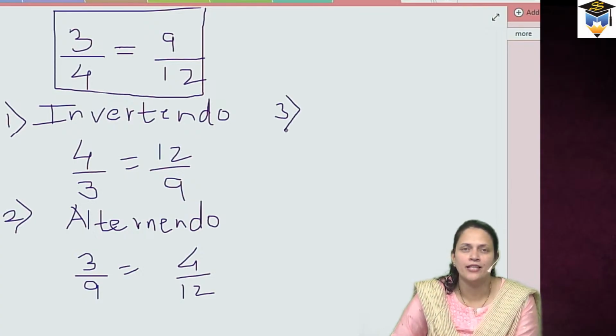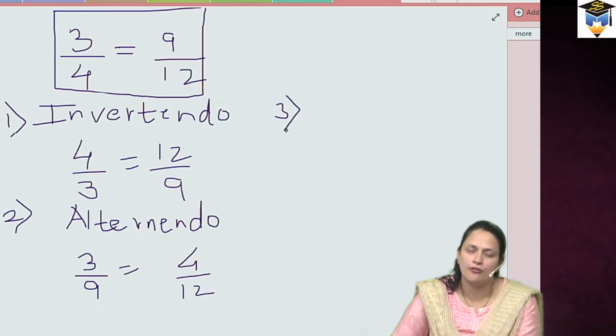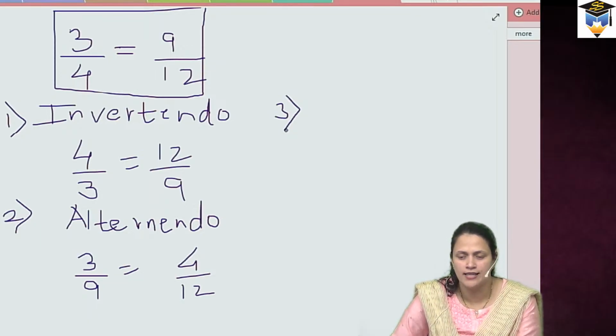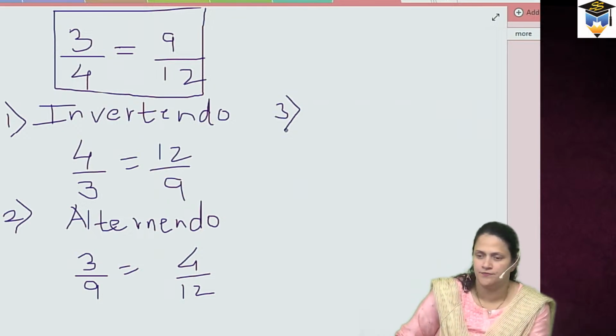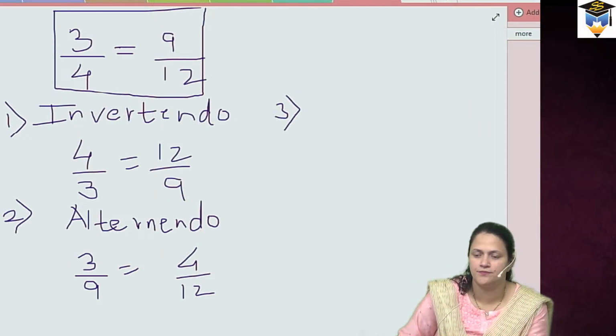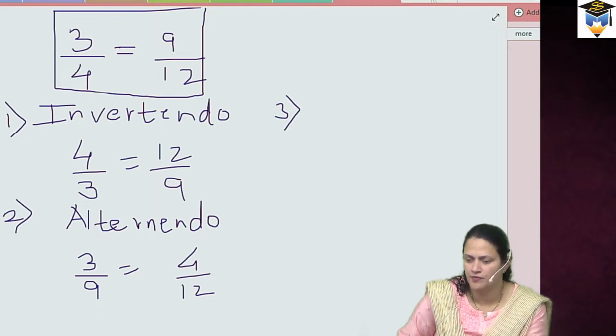Always apply the properties to the original ratio that is given. I'm directly explaining you with the help of an example because that is more easy to understand. So write this down. These are the properties of proportion which we are going to use in exercise 1B. Done?